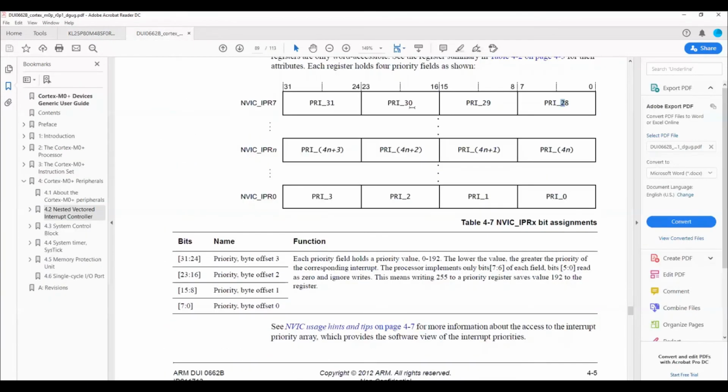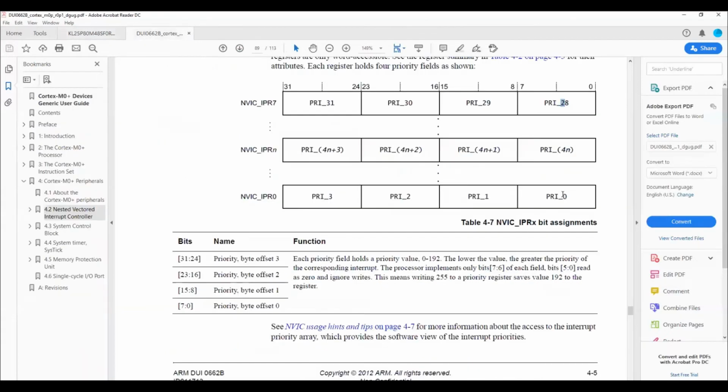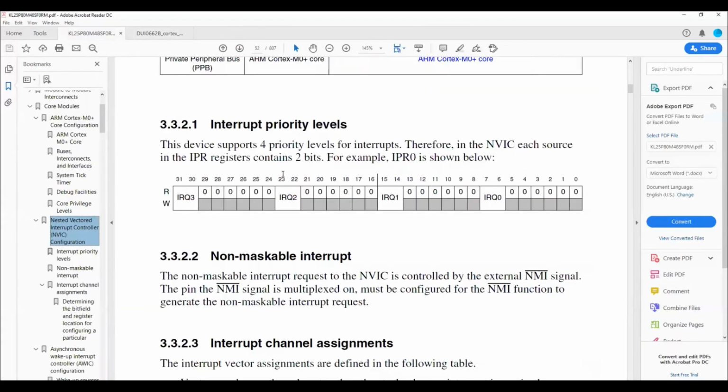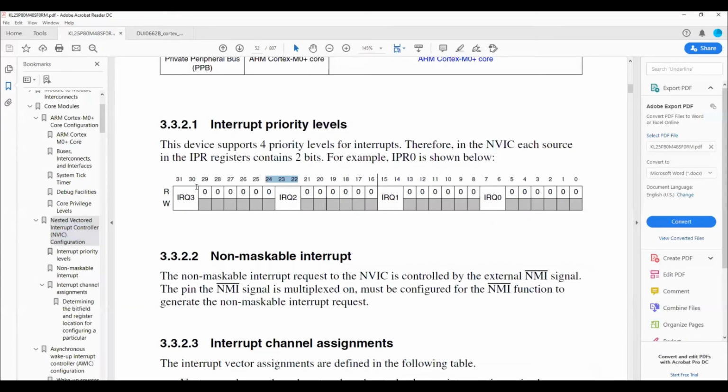This is not applicable for us. For the board that we are going to work on, we have to see the manual of that board. It doesn't give you freedom to specify all the 7 bits. Rather, it will give you freedom to specify only these 2 bits, these 2 bits, these 2 bits. Basically, in all these, only the 7th and 6th, 15th and 14th, 23rd and 22nd, 31st and 30th. That's what you're going to show here.